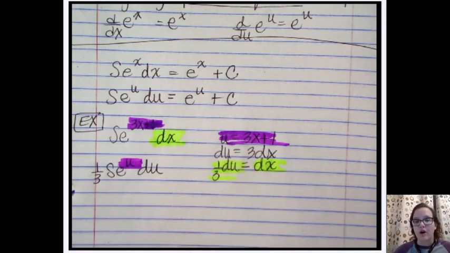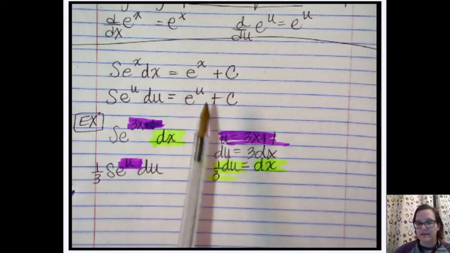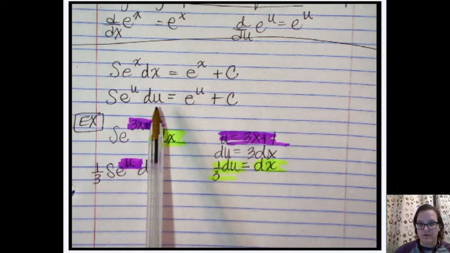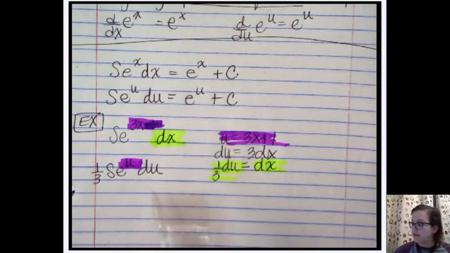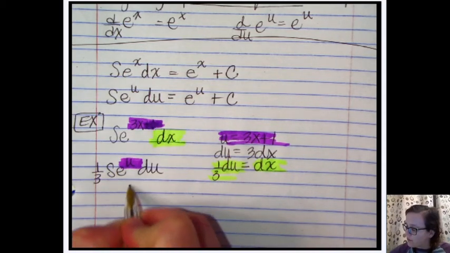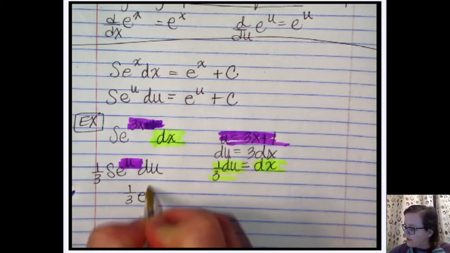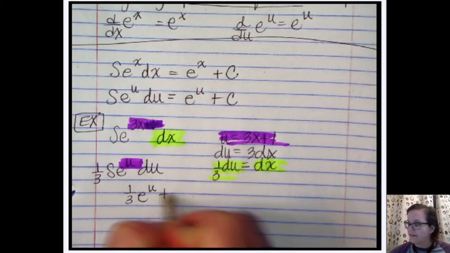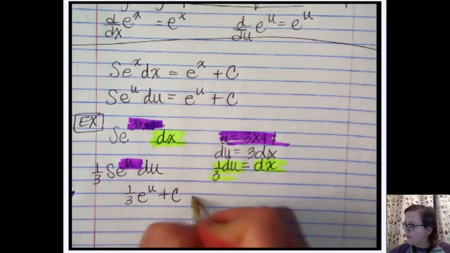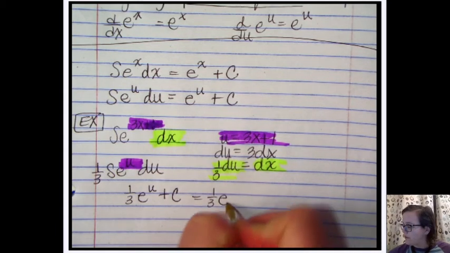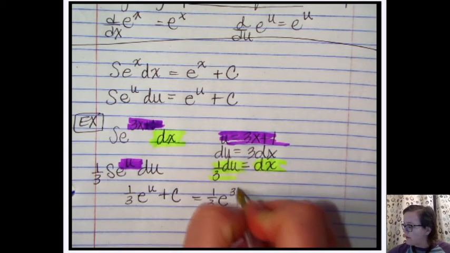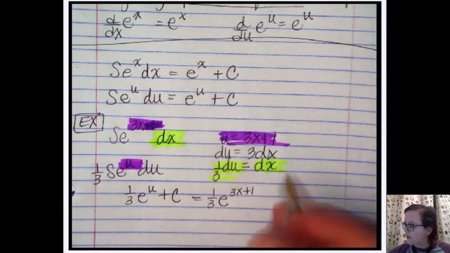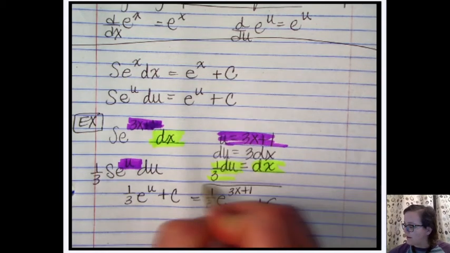Now if we follow our rule, it said that the integral of e to the u du is just e to the u plus c. So we end up with 1/3 e to the u plus c, and 3x plus 1 was our u, so 1/3 e to the 3x plus 1, plus c.